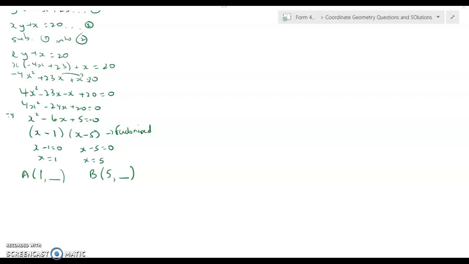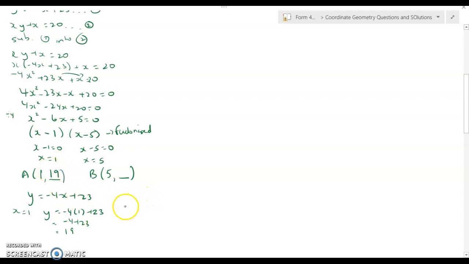So I will say, okay, if x is 1, I will substitute it back into my original equation. My original equation is y is equal to minus 4x plus 23. So if x is 1, I'll get y is equal to minus 4 times 1 plus 23, which is minus 4 plus 23, which will end up being 19. So I could write 19 here.